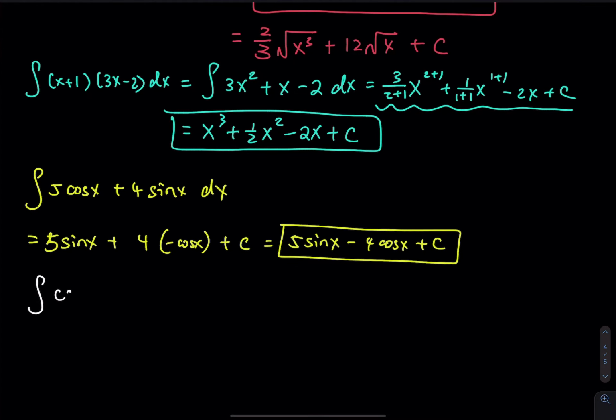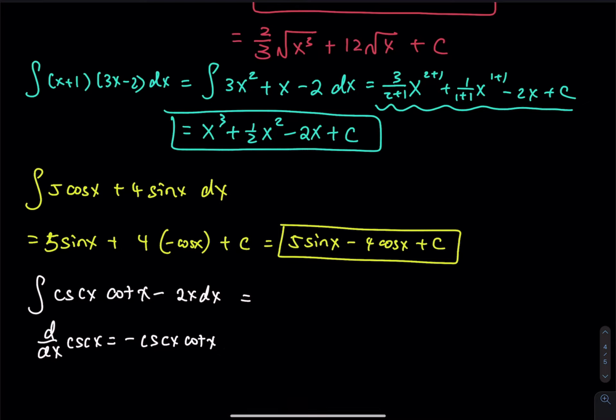And then moving on to the next one, we have a cosecant times cotangent. So the integral of cosecant x times cotangent x minus 2x dx. Do you still remember that the derivative of cosecant x is equal to cosecant times cotangent? Okay, just write this out. The derivative of cosecant x is equal to negative cosecant x times cotangent x, but there is no negative here.